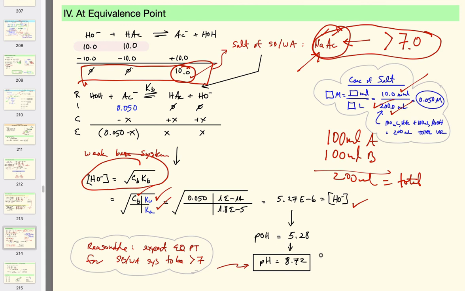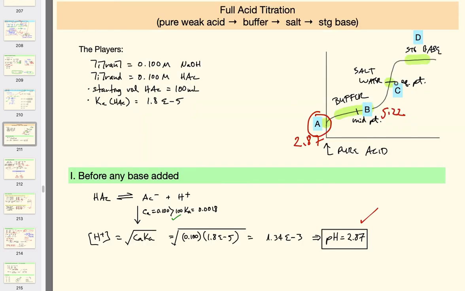Does this make sense? You bet. 8.72. That does make sense. We knew it was going to be greater than 7. We weren't exactly sure how much. Now we are. 8.72 at the equivalence point. If we went back to our original, we now know this is 8.72.